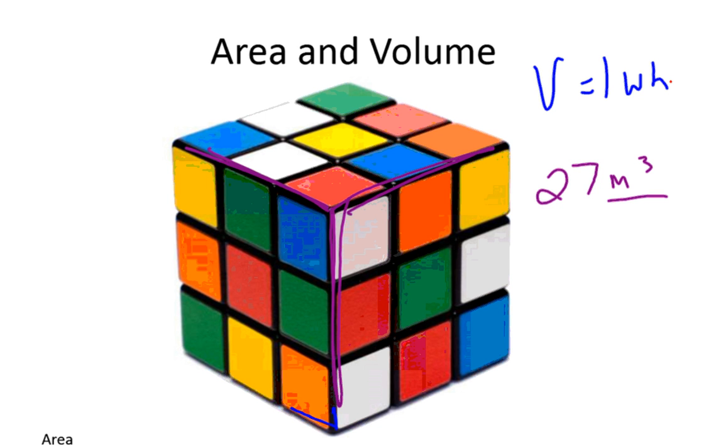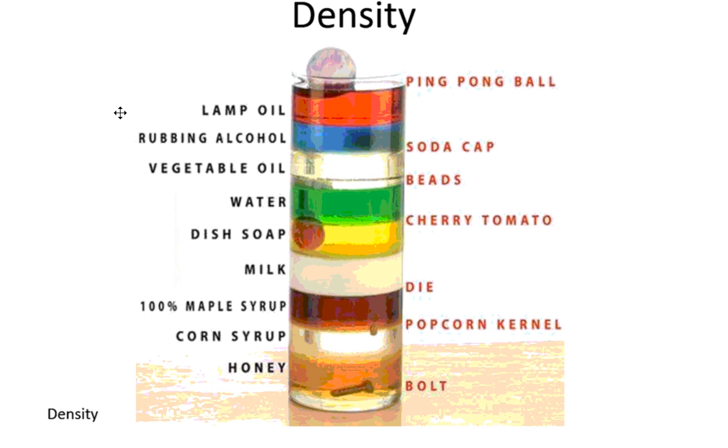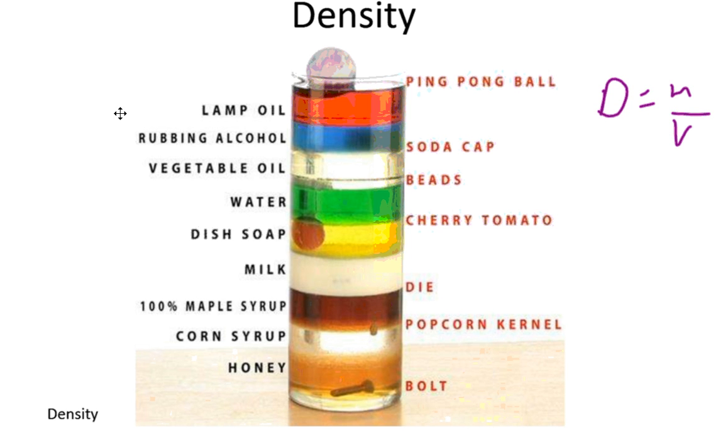And then lastly is density. What is density? Well, you can see here, these different objects have different densities, and so after a little while they settle out, both the liquids and the solid things that are floating in there. Density is mass divided by volume, and it is in kilograms over meters cubed.